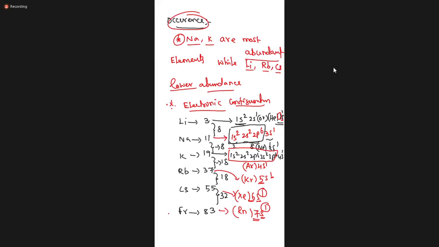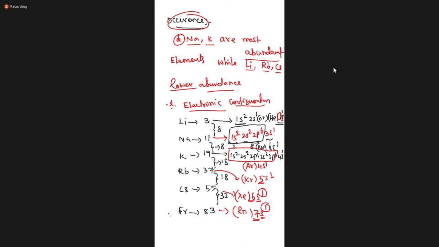In the earth crust, sodium is available, potassium is available, and lithium, rubidium and cesium are less abundant. Is it clear now? Yes, sir. Availability is called abundance, otherwise it's called occurrence. Can I go to the next one?